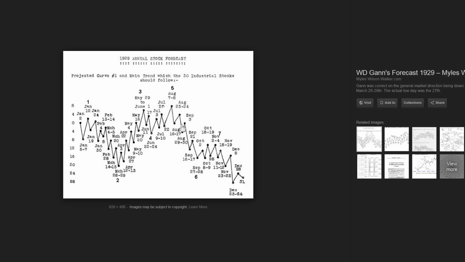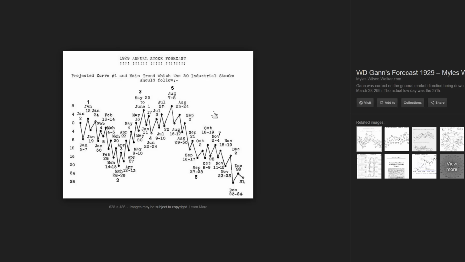Now, the September 3rd high that he has marked on here was the actual high of the market, and it moved down from there. But he was originally anticipating that the highest high of the year would be at this point in August, which is 360 days before August 3rd, 1930. So that's just something to think about.